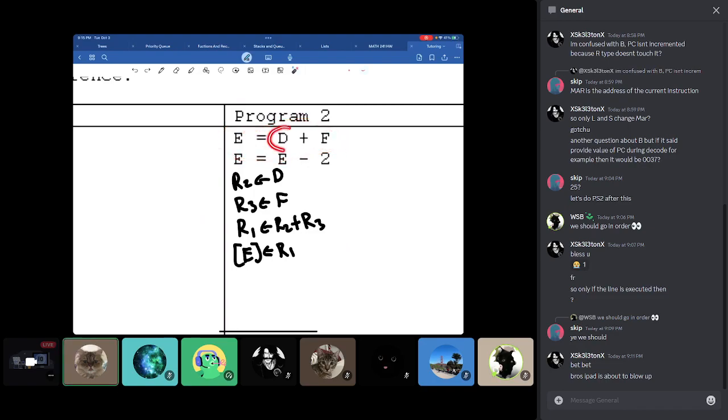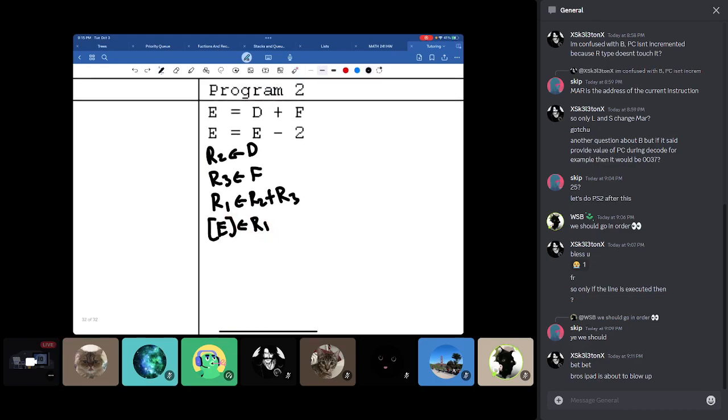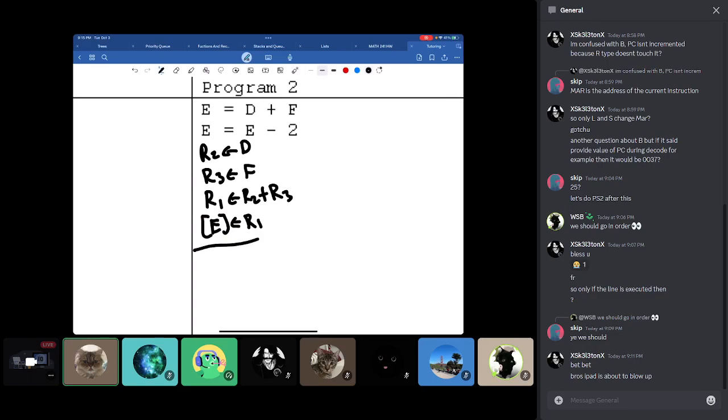We took D, put it in R2, took F, put it in R3, then we took those two, added them, and put it in R1, and then from there, we set the data in E equal to that value. I would say don't forget to do this, because if you just move on to the next part, then you're not doing this part. We're setting E equal to that.